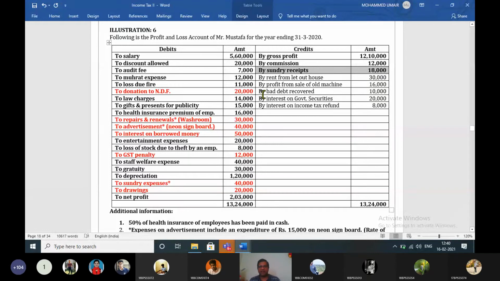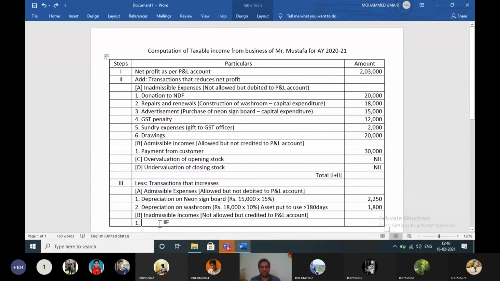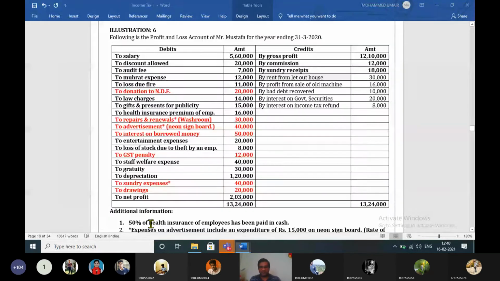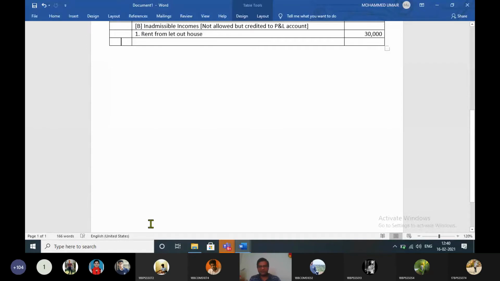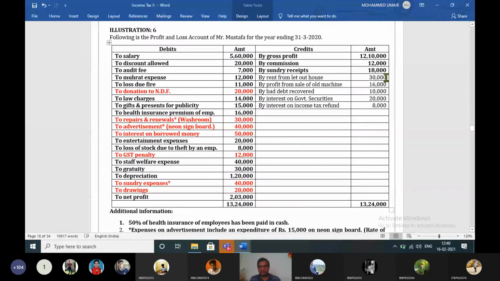Rent from house, let out house can't be a business income, and as you are aware it is also taxable under a separate head of income called income from house property, and therefore this 30,000 is an inadmissible item. So this is inadmissible. Profit from sale of machine.